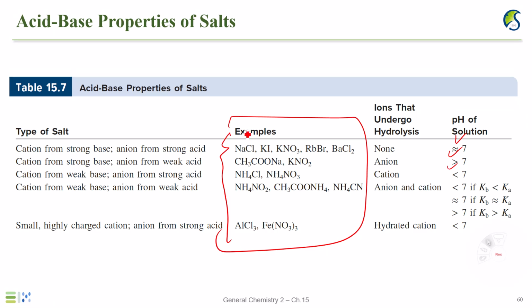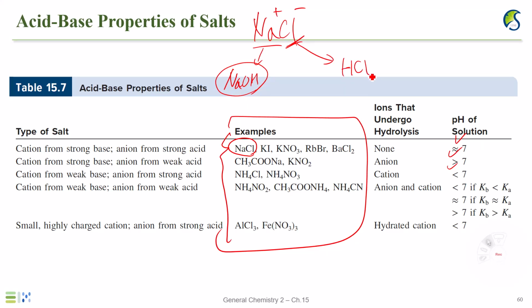So, for example, let's take NaCl, sodium chloride. This sodium chloride has sodium cations and chloride anions. The sodium cation is the conjugate acid of NaOH, from a strong base, and Cl minus is the conjugate base of the strong acid HCl, right?